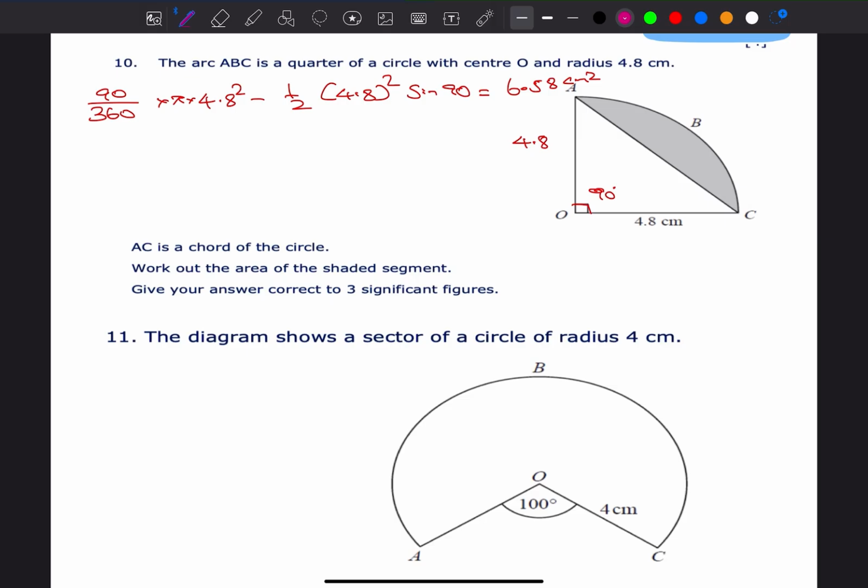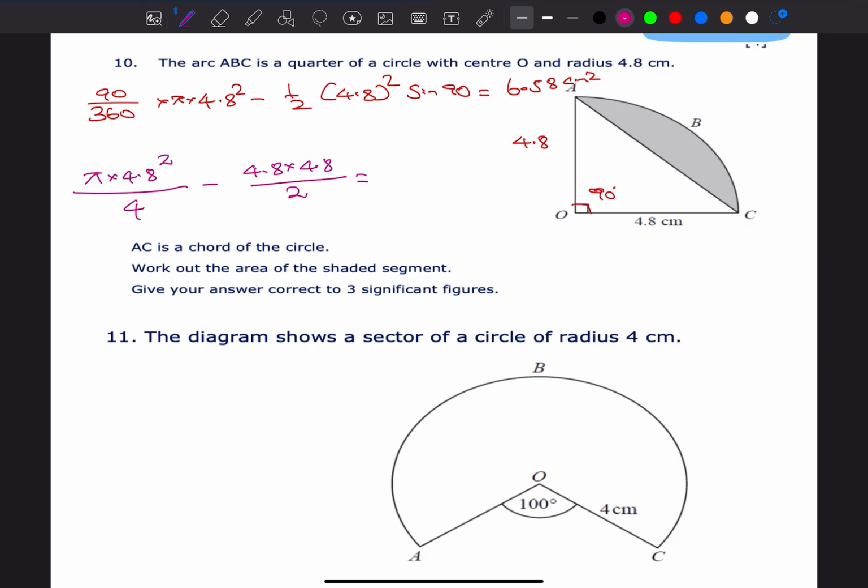But let's do it now as a quarter circle. So what is a quarter circle? Pi times radius 4.8, pi r squared, but divided by 4 technically because it's a quarter circle. Take away the area of the triangle. What is the area of the triangle? 4.8 is the base, the height is also 4.8, divided by 2.